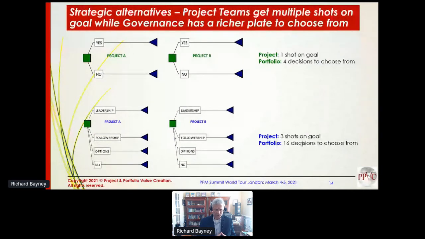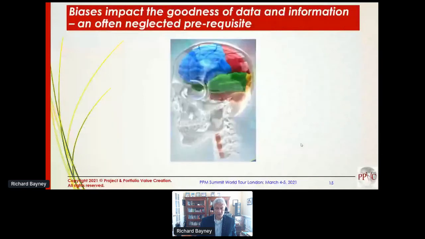Now, the prior 3 slides on this one mistakenly create the impression that the data is all readily available. Well, as we all know, far more often than not, the data is not readily available. There are biases in all of the data and information that we get.